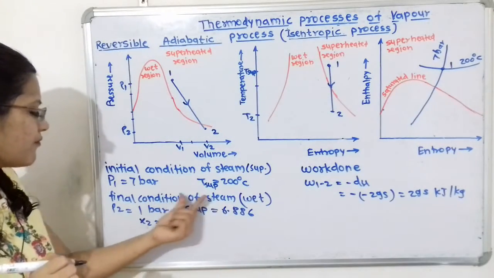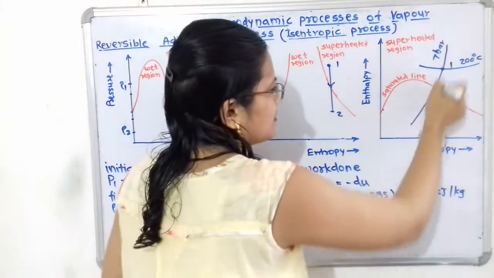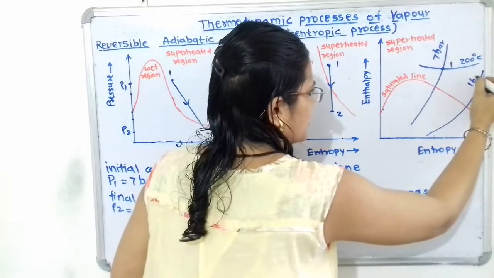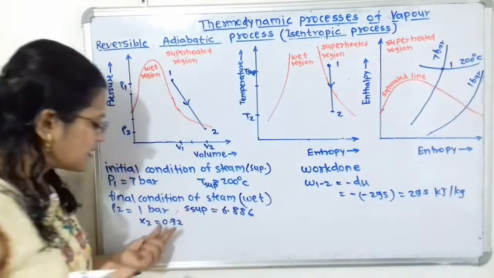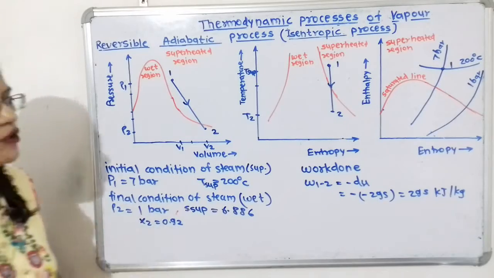In the same way, for the final condition of steam, pressure P2 is 1 bar. Here is the line for 7 bar, so parallel to this line, suppose here is the line for the 1 bar pressure. Now the dryness fraction has also been calculated for the wet steam, that is 0.92.